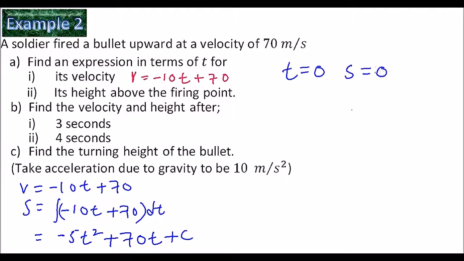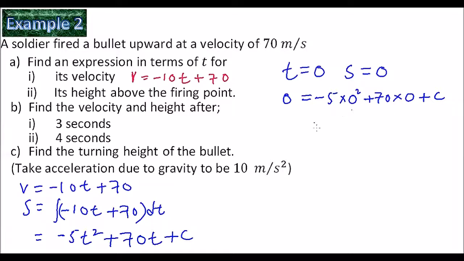This means that c, if we substitute this, then s is 0 is equals to minus 5 multiplied by 0 squared plus 70 multiplied by 0, which is our t, plus c.